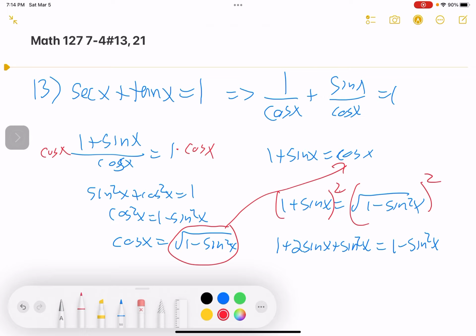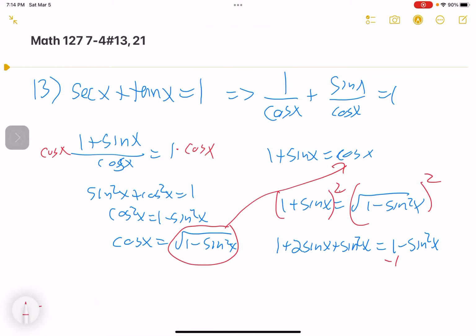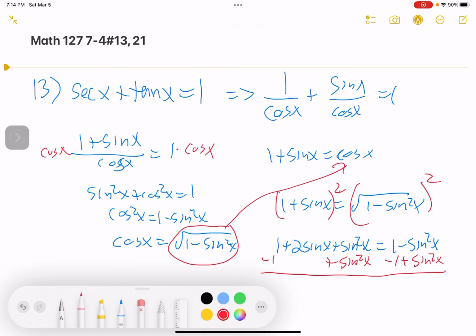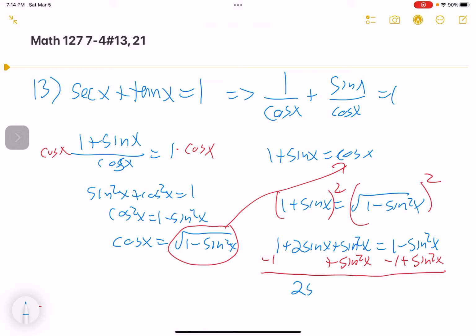If we bring everything over, I can subtract the 1 from both sides. I can add the sine squared x to both sides. And we end up with 2 sine x plus 2 sine squared x equals 0.